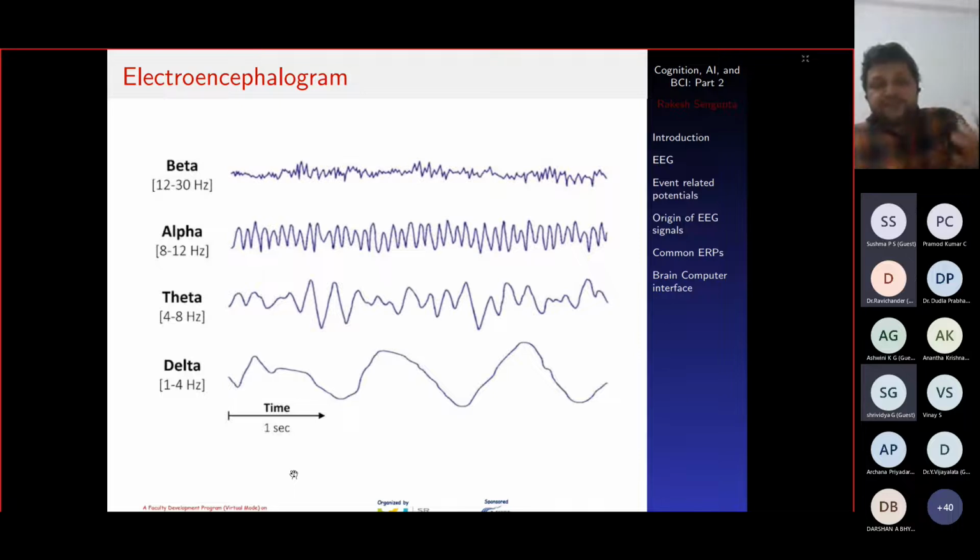In fact, alpha oscillations, 8 to 12 hertz oscillations, are seen especially when you are having a good sleep or you are feeling drowsy. Whereas some of the beta band is seen when you are voluntarily making some action, you are thinking of moving something. Some of these can be constantly recognized almost like clockwork, because when we see the brain signal, we know what the person was doing or thinking.